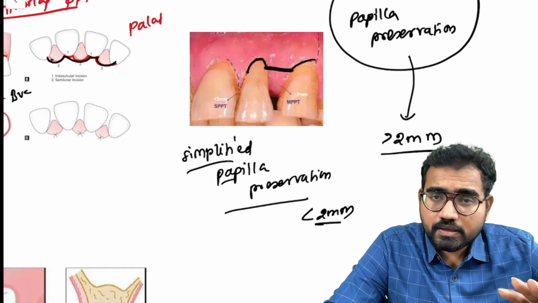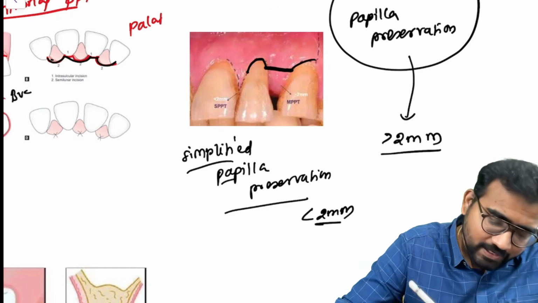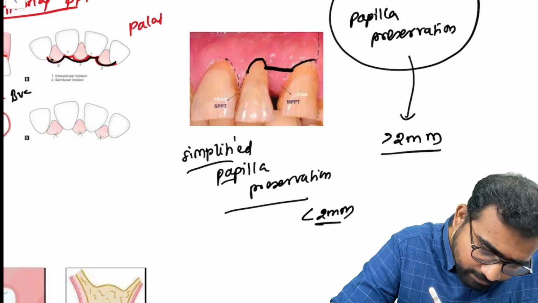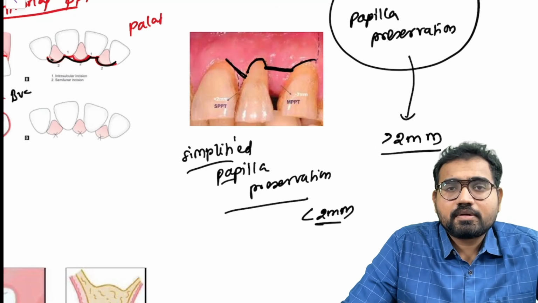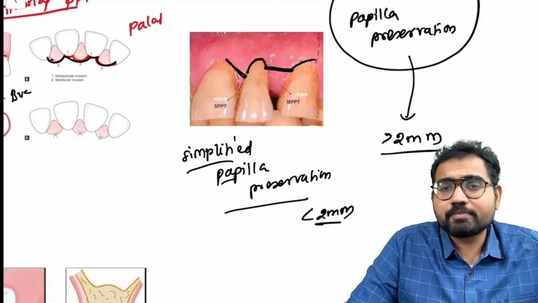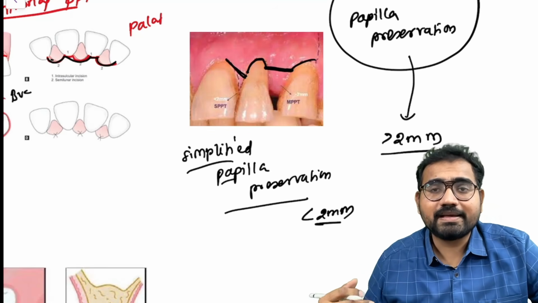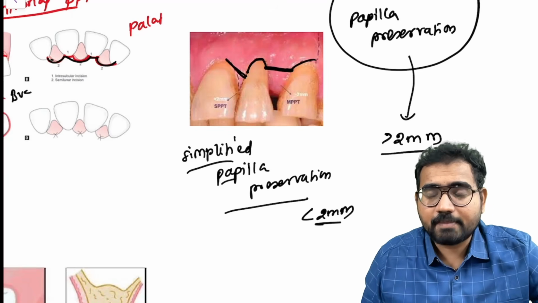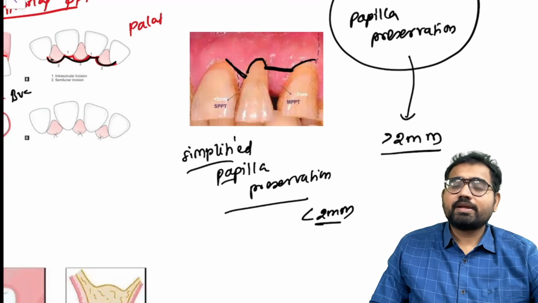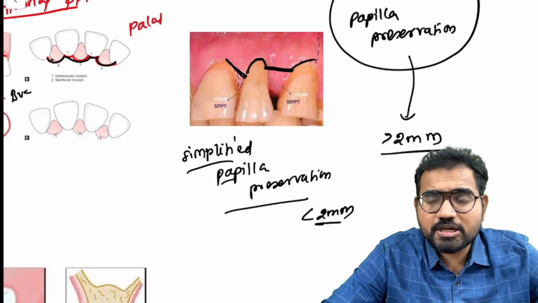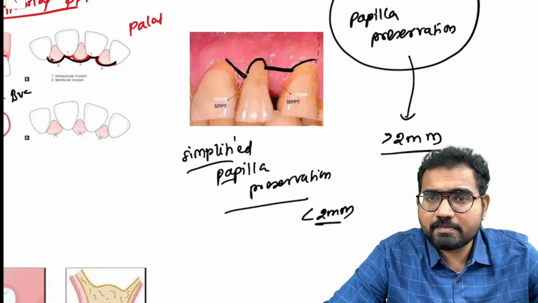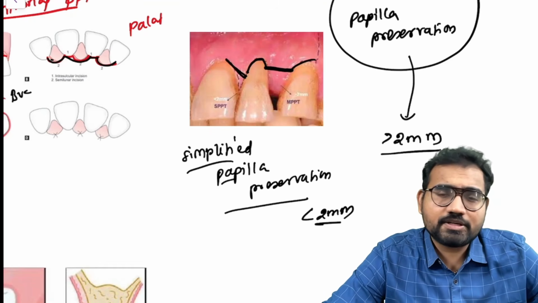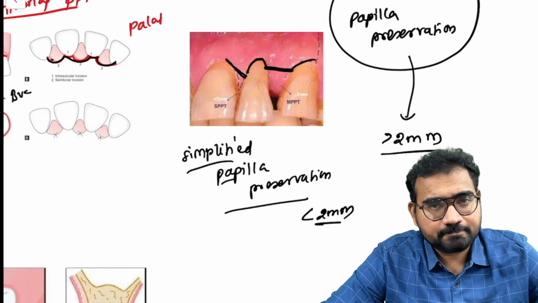I'm going to give an oblique incision at the base of the papilla, and I'm going to raise the flap palatally, similar to modified papilla preservation. In modified papilla preservation, I give a horizontal incision at the base of the papilla. In simplified papilla preservation, I give an oblique incision from the base of the papilla.